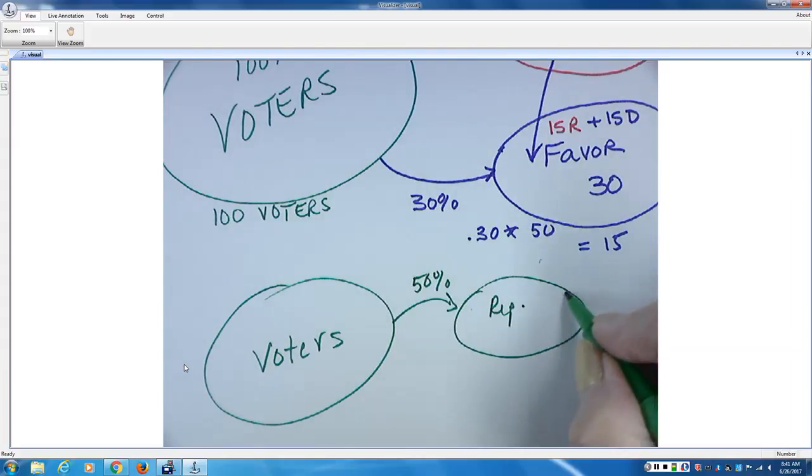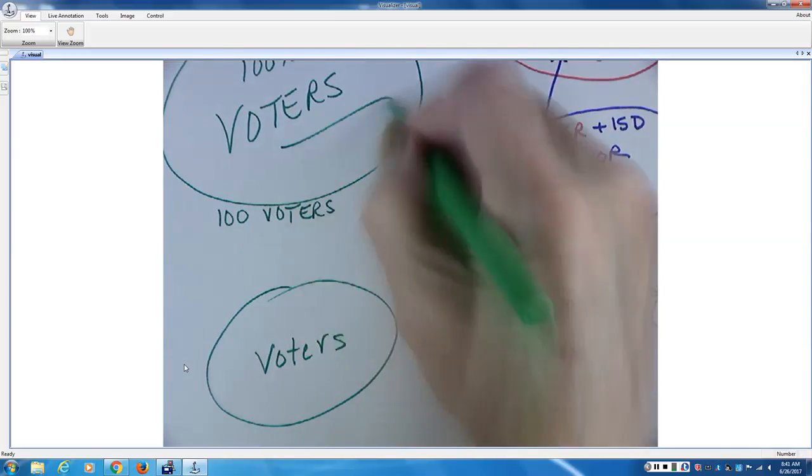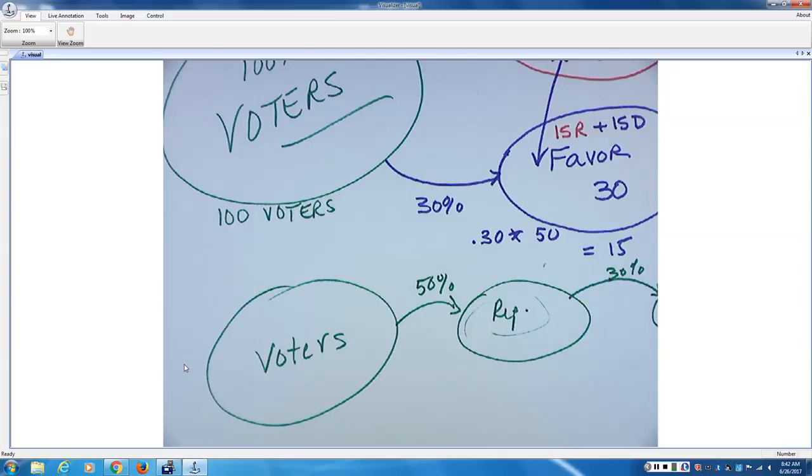And then out of those voters that are Republican, are they in favor of it? But that 30% didn't apply just to the Republicans. It applied to all the voters. So that's why it's false. Okay? Be very careful in the wording.